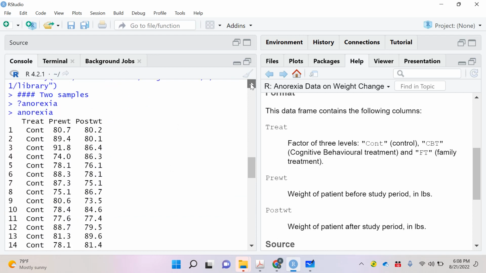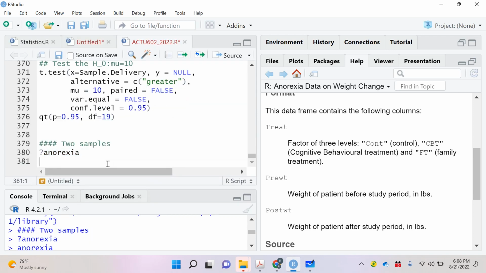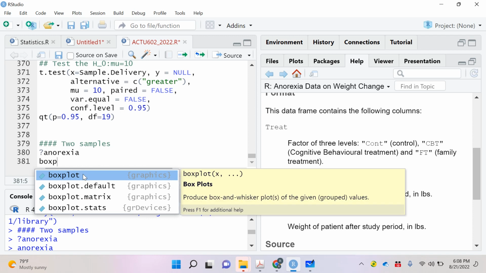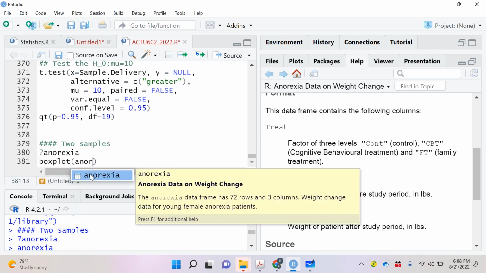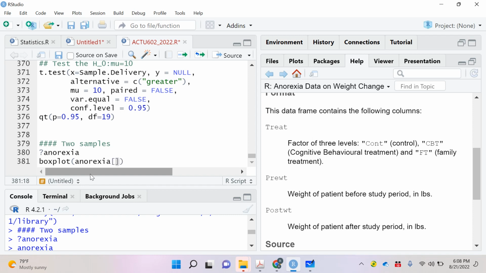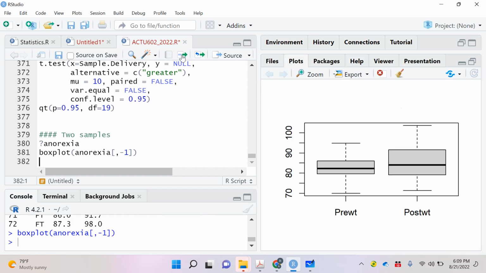Remember, we did some plots concerning this, and we were unable to really check. We can go back and see how it looks like. Boxplot. Then we use the anorexia data. And remember the first column is treatment, which is not numeric. So this is how it looks, right?